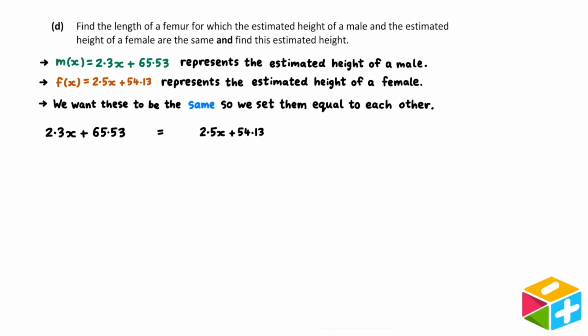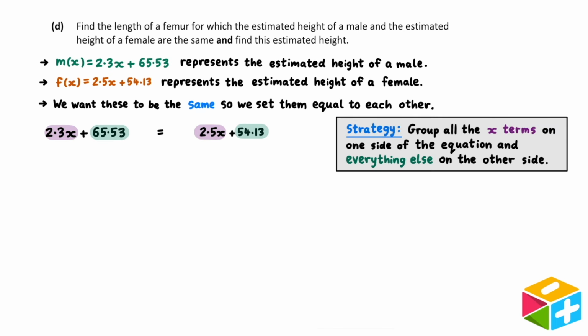Our goal here is to solve for x. Notice that we have more than one term which involves an x. The strategy here will be to group all the x terms on one side of the equation and everything else on the other side.